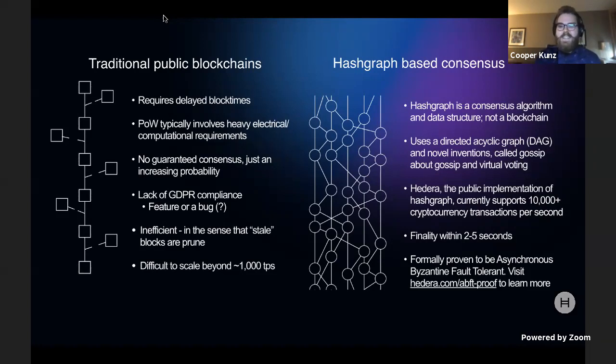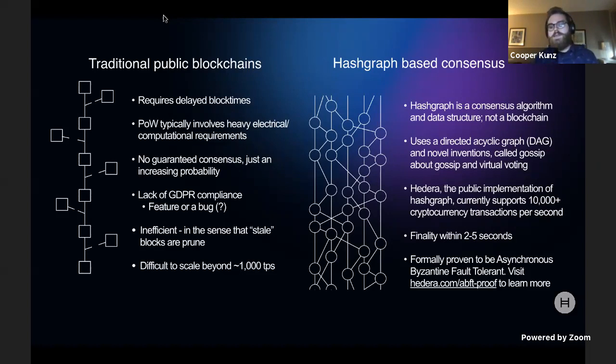Hashgraph isn't a blockchain. It's actually a consensus algorithm and a data structure that is an alternative to blockchain and proof of work. So it's a new way to do the things that we've already been doing and gives us some unique things that those old systems didn't do. It does this using a directed acyclic graph, which is just this data structure you see on the right here.